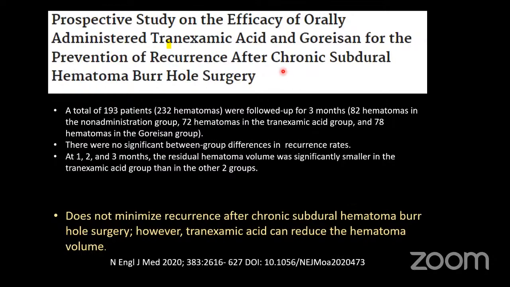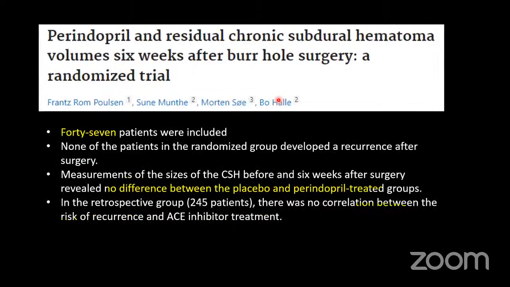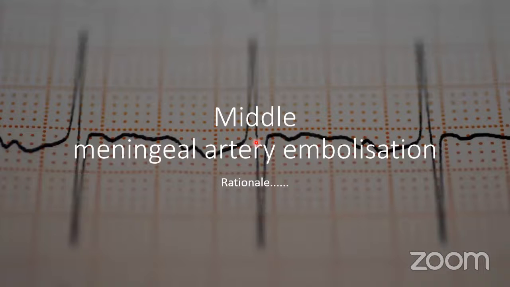It is almost the same with tranexamic acid. It does not seem to minimize the recurrence of chronic subdural hematoma after Burr hole surgery. And with perindopril, an ACE inhibitor, there was no significant difference between placebo and post-surgical patients.